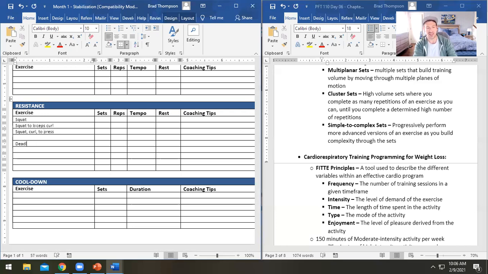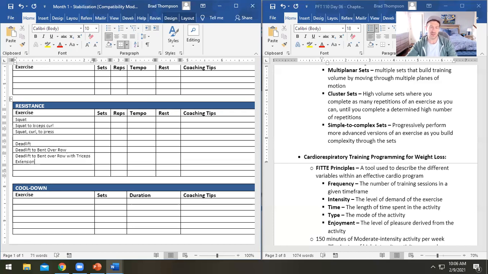Let's say a deadlift to bent over row, deadlift to bent over row with triceps extension. Okay. So these are very much a straight set situation here, right?